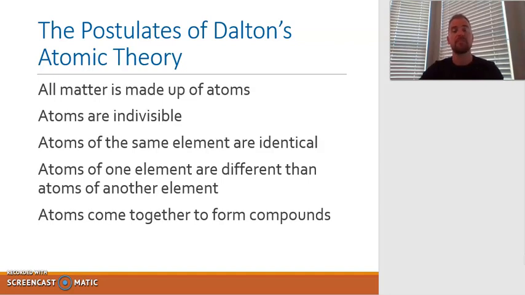Number 3, atoms of the same element are going to be identical. So if I were to take, for example, a carbon atom and compare it to another carbon atom, they should look exactly the same. Number 4, atoms of one element are different than atoms of another element. So for example, if I looked at a carbon atom versus an oxygen atom, there would be differences. And then finally, it's these atoms that come together to form what we know as compounds.